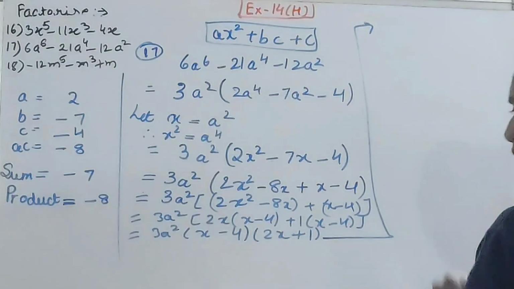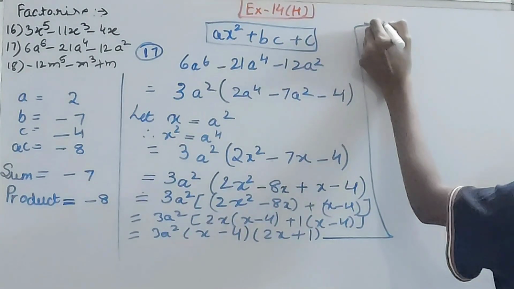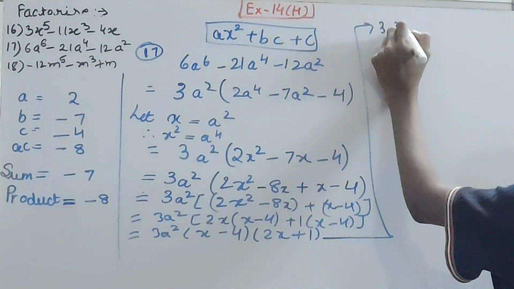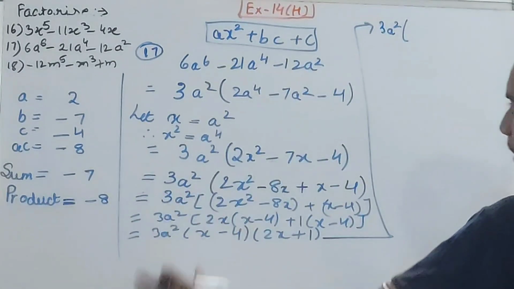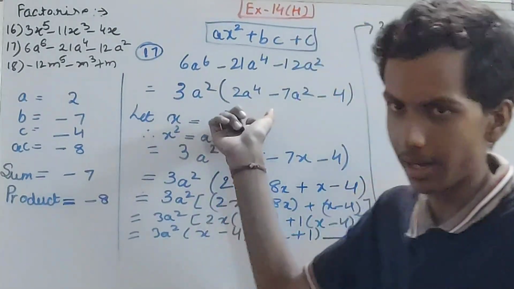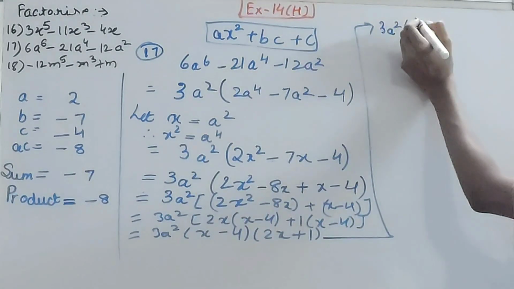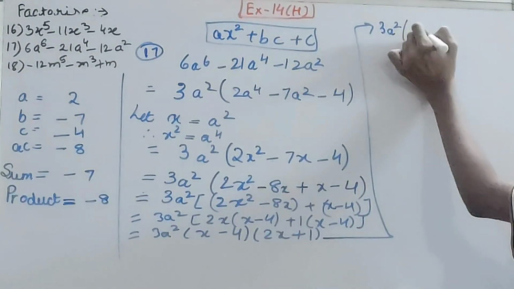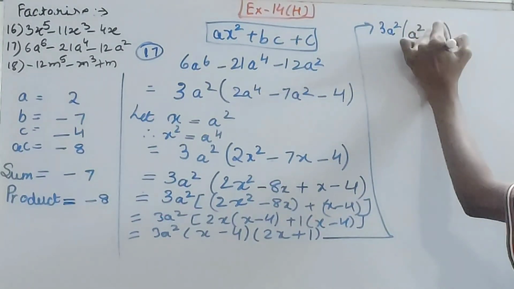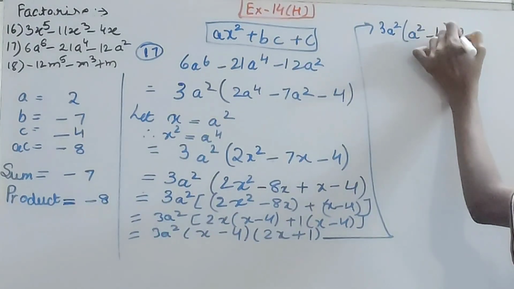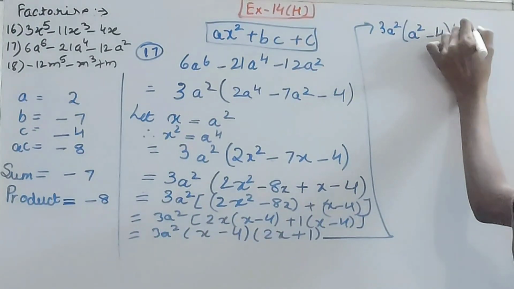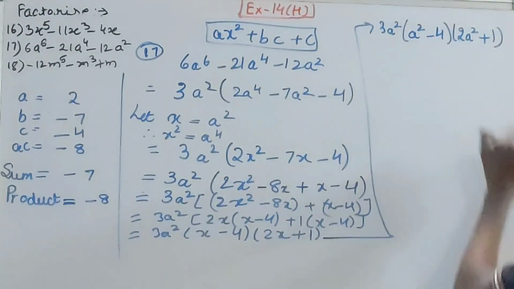But still we have to factorize this further. We are supposed to substitute the values of x by a square, because we have assumed it. So in place of x, what will come? a square minus 4 and 2x, so 2a square plus 1.